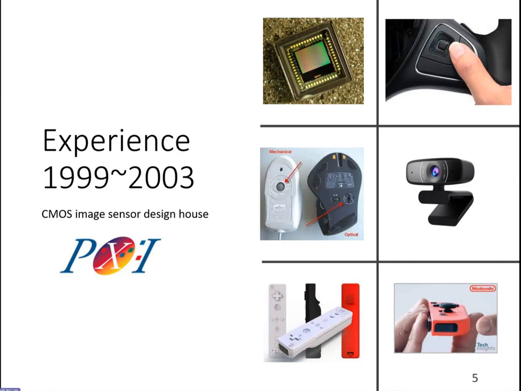And where can we use this piece of electronic device? For example, this is a webcam, and there is a CMOS image sensor inside. And this is the Joy-Con of the Switch, if you have experience with the Nintendo Switch. There is a very tiny camera in the Joy-Con.